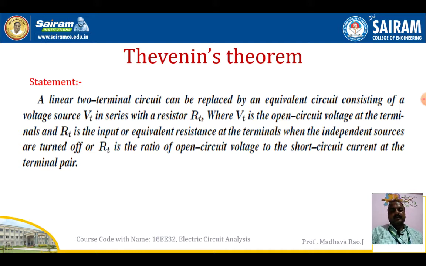Here, a linear two-terminal circuit can be replaced by an equivalent circuit consisting of a voltage source Vt in series with a resistor RT, where Vt is the open circuit voltage at the terminals, and RT is the input or equivalent resistance at the terminals when the independent sources are turned off, or RT is the ratio of open circuit voltage to short circuit current at the terminals.